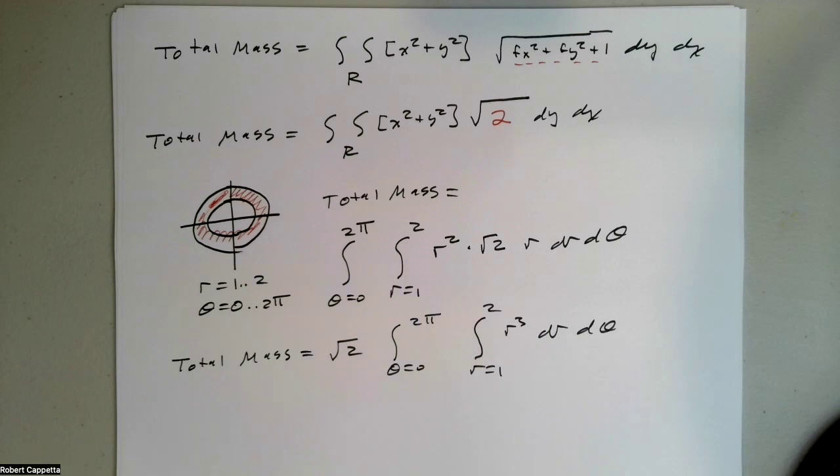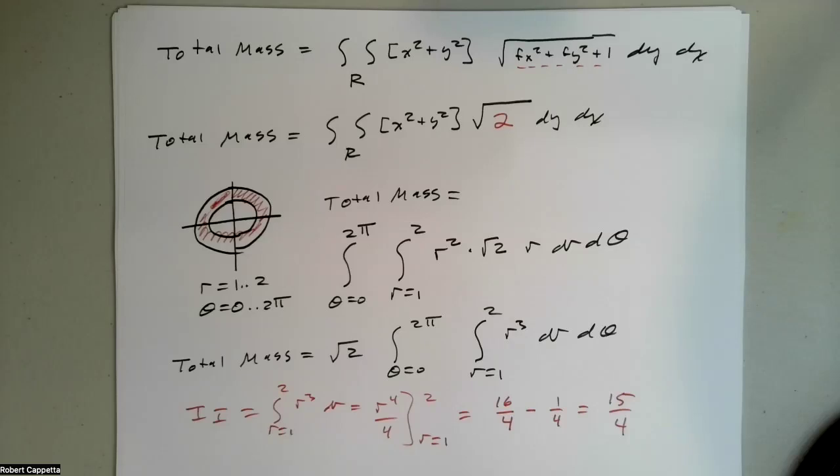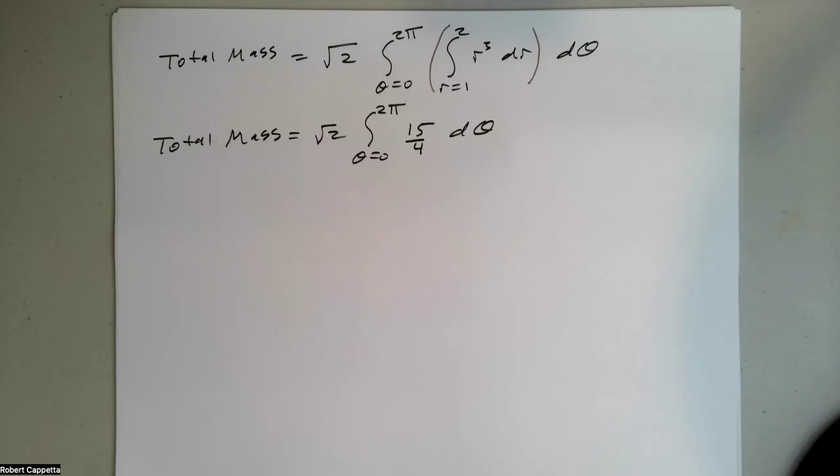And what is my inner integral? Inner integral, r goes from 1 to 2 of r cubed dr, antiderivative r to the 4th over 4, 2 to the 4th, 16 over 4, minus 1 over 4 gives me 15/4 for the inner integral, which brings us here.